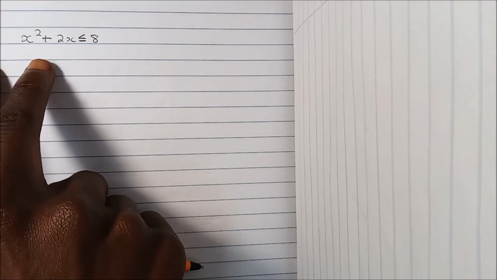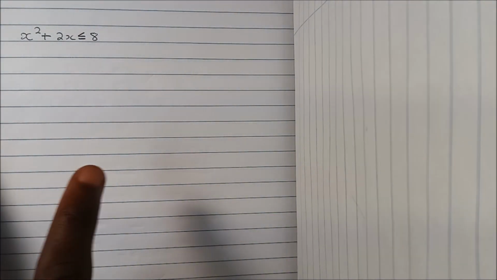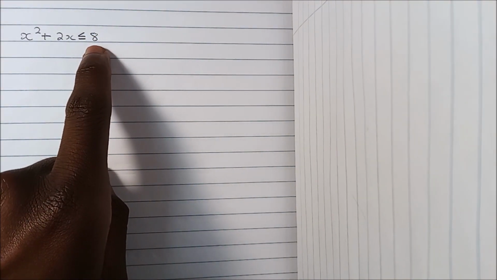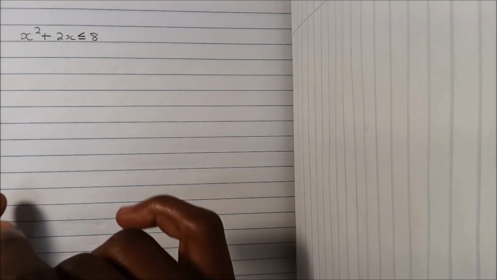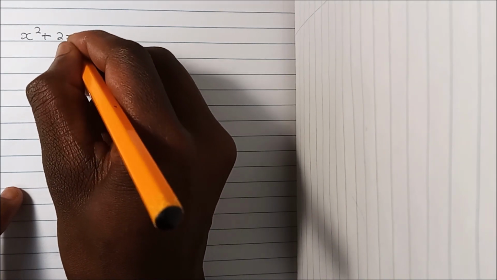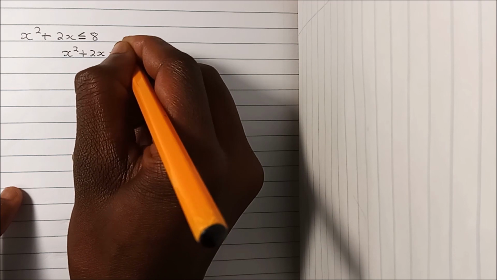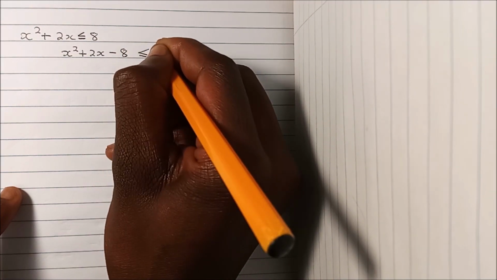So now the first thing, this is an equation and a quadratic equation, for heaven's sake. What did we say about the quadratic equation? We need to have 0 on that side. That is number 1. So we will have x squared plus 2x minus 8 less than or equal to 0.